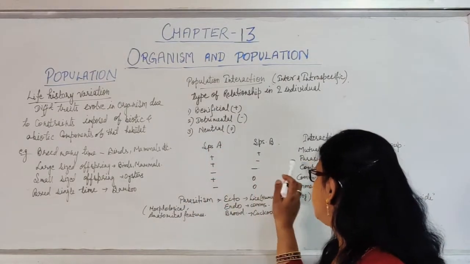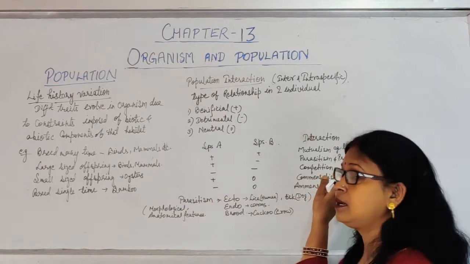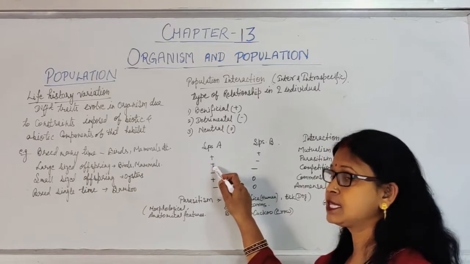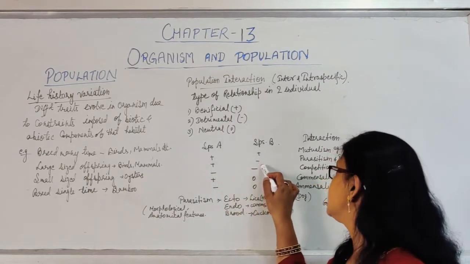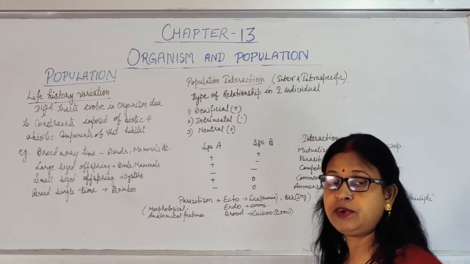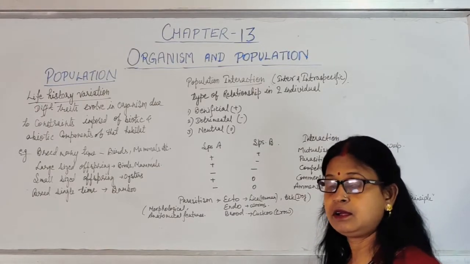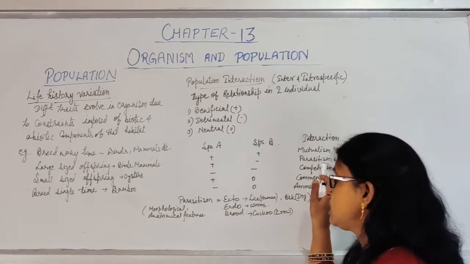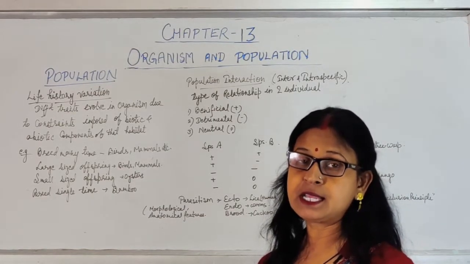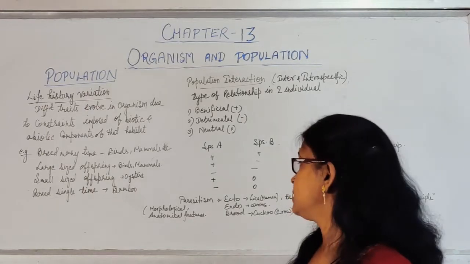Then the second type of interaction is parasitism and predation. In both, one species is in benefit and the other is in loss. The prey is in loss while the predator is in benefit. In parasitism also, the host is in loss and the parasite is in benefit.